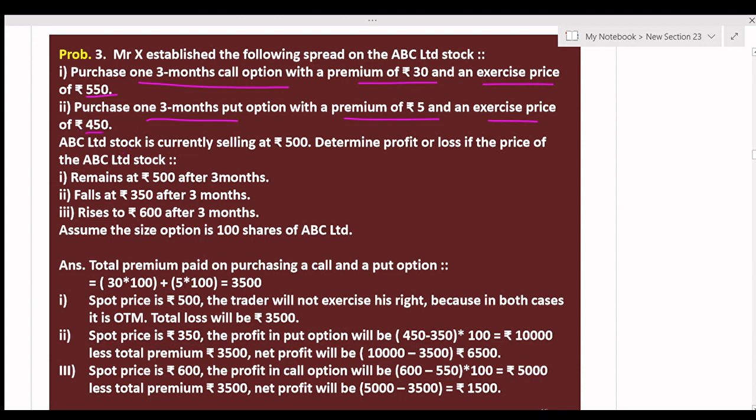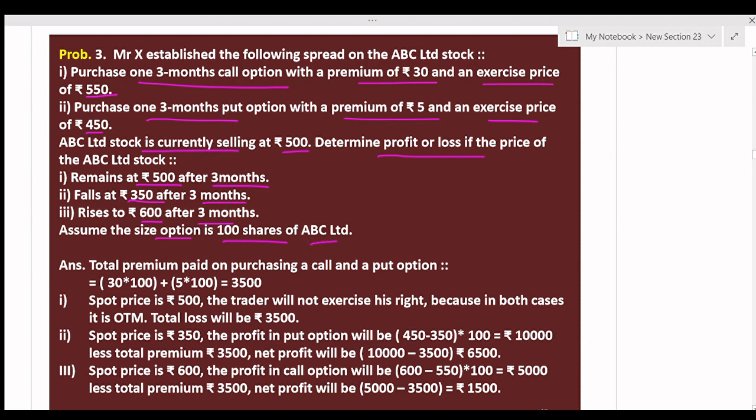ABC Limited stock is currently selling at rupees 500. Determine profit or loss if the price of the ABC Limited stock remains at rupees 500 after 3 months, falls to rupees 350 after 3 months, rises to rupees 600 after 3 months. Assume the size of option is 100 shares of ABC Limited.